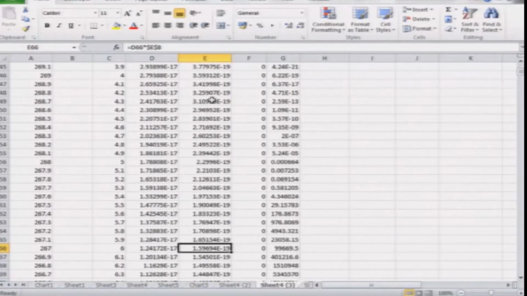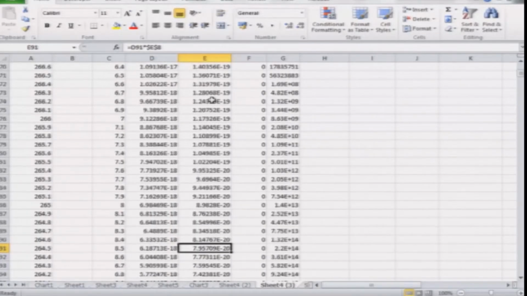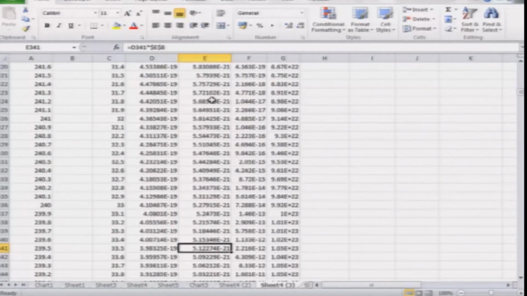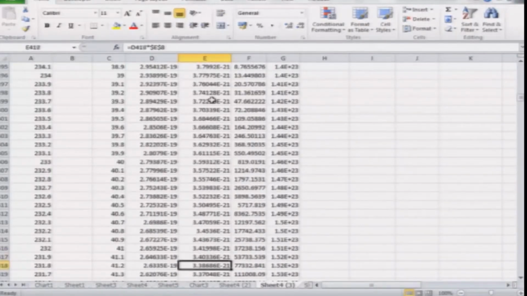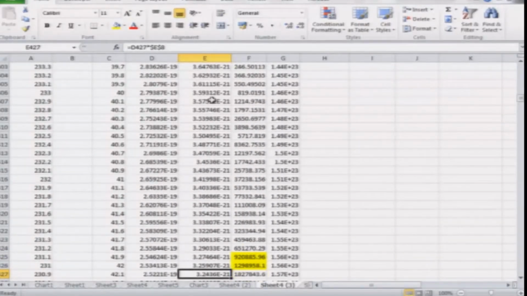It is of the order of 10 to power minus 19, as you can see where the cursor is for the heterogeneous case, and it is a couple of orders of magnitude higher in the case of homogeneous. So nothing happens in the case of homogeneous. If I go to 42 K, which was the critical undercooling for the homogeneous nucleus, you would find that you get the same amount of free energy for homogeneous nucleation at 42 K as the undercooling.